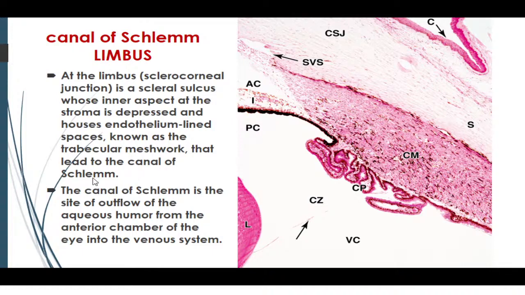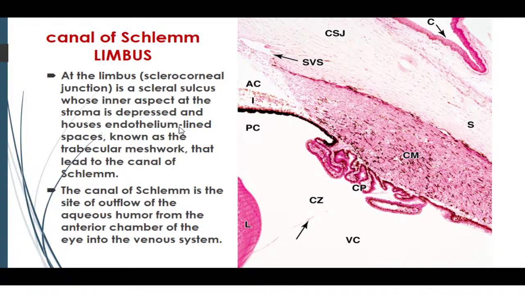Schlemm is the name of the scientist who described it. The canal of Schlemm is the site of outflow of the aqueous humor from the anterior chamber of the eye into the venous system.